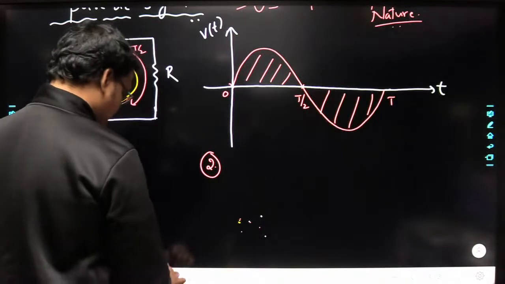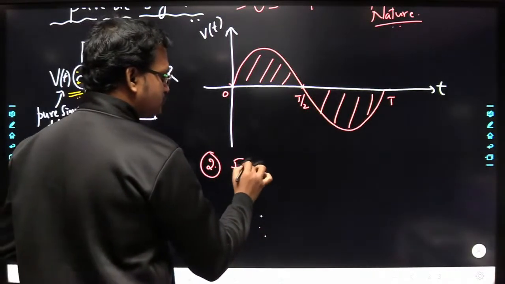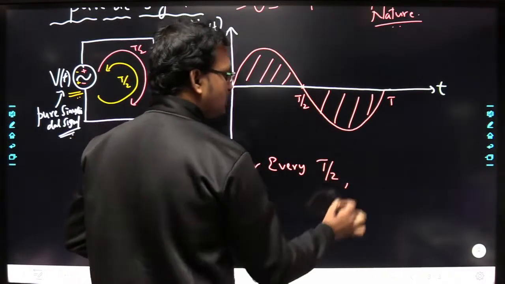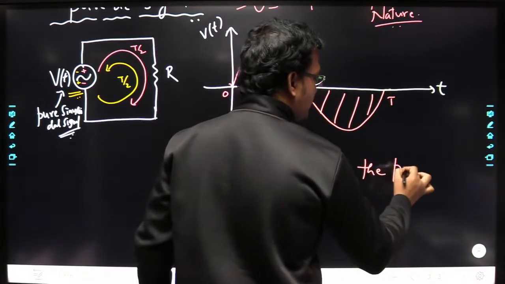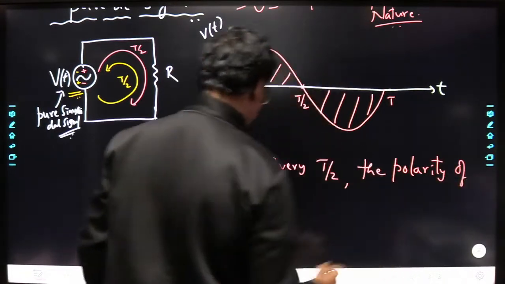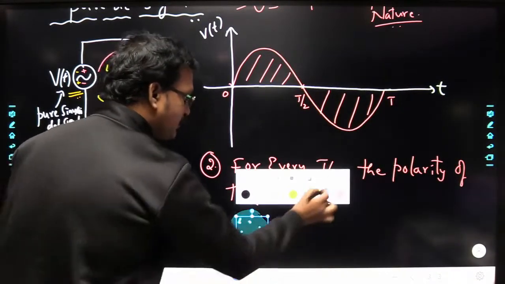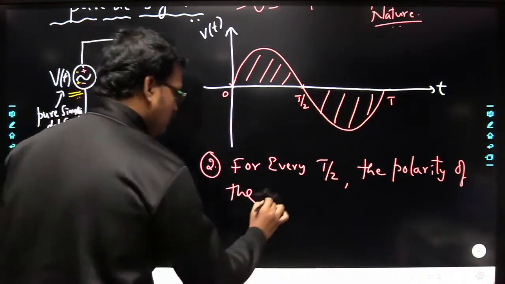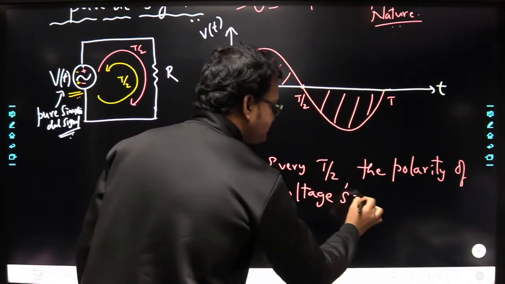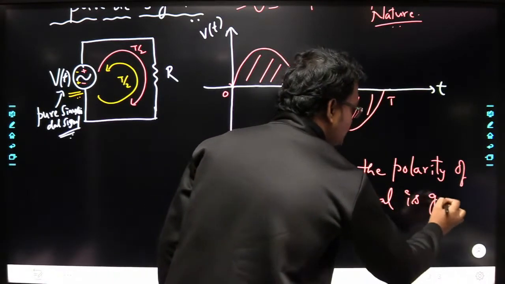That is the second point: for every T by 2, the polarity of the voltage signal is going to change.